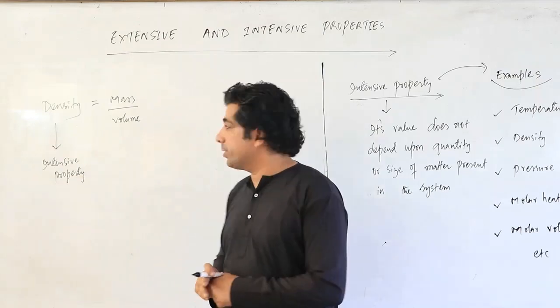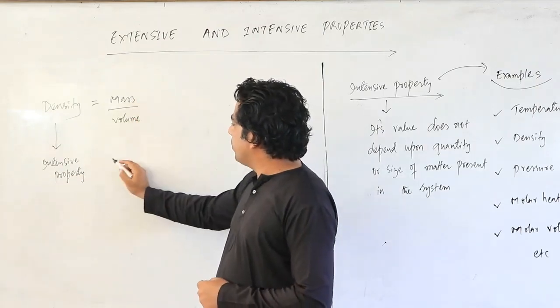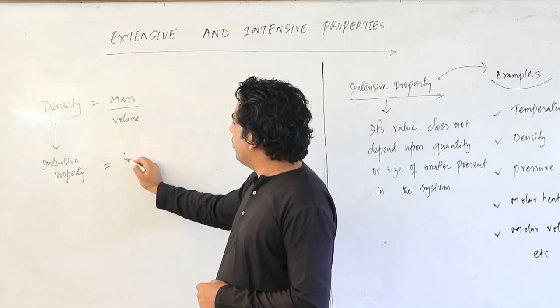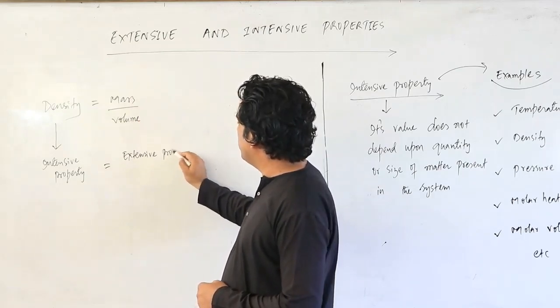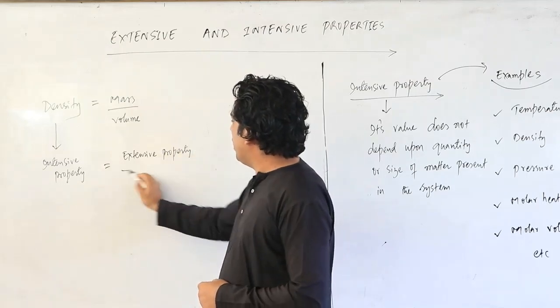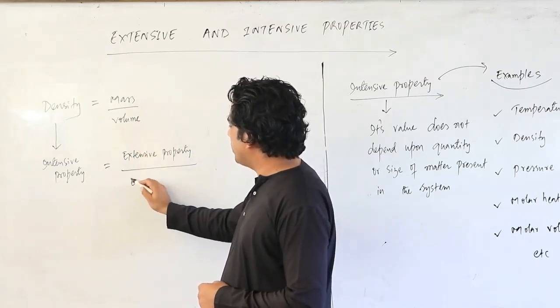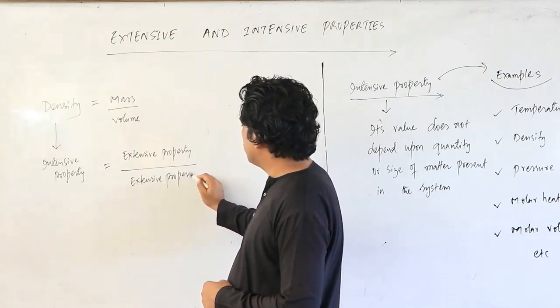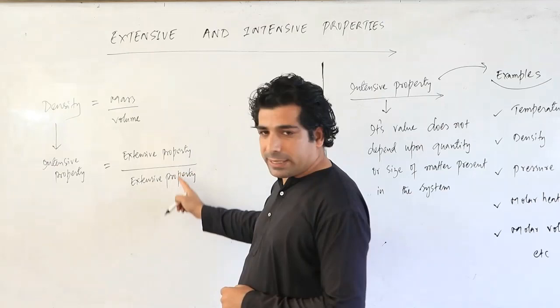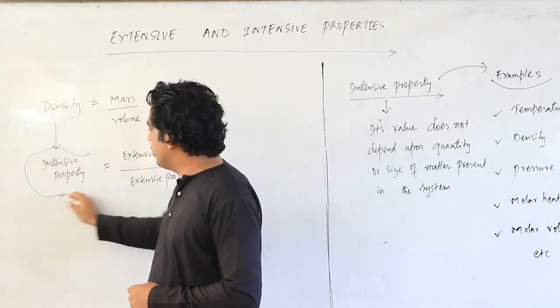This mass is an extensive property, just now I told you. And this volume is also an extensive property. So the ratio of two extensive properties gives you an intensive property.